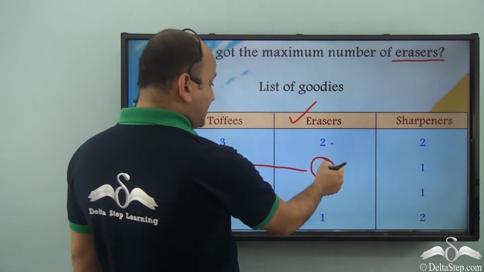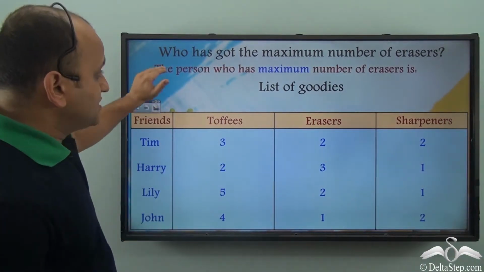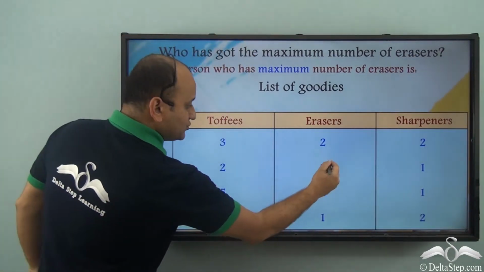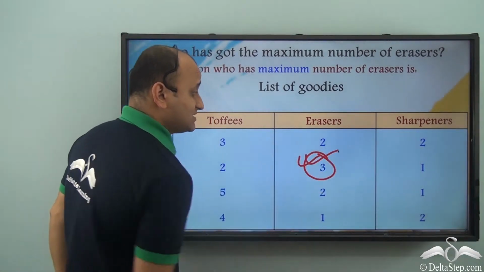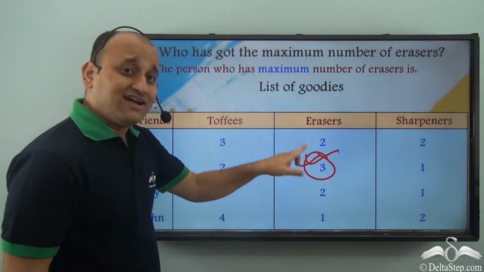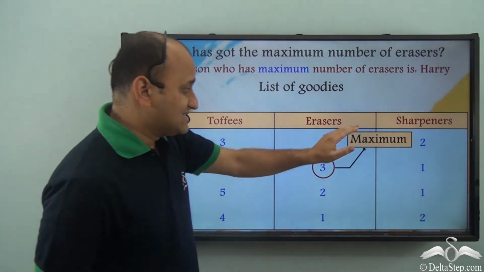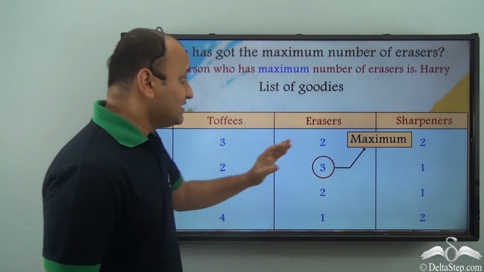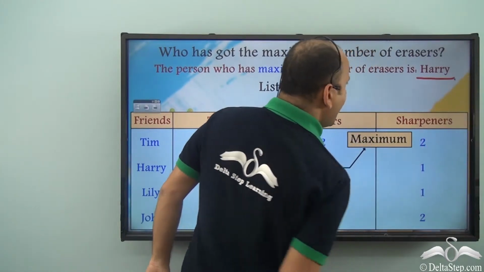So 3 erasers were collected by Harry, which is the highest number in this list for erasers. So definitely Harry collected the highest number of erasers. So 3 is the maximum number of erasers collected by one single person, and the person who has the maximum number of erasers is Harry.